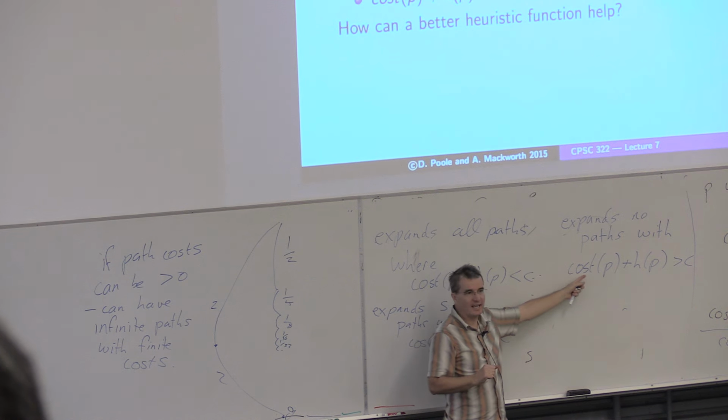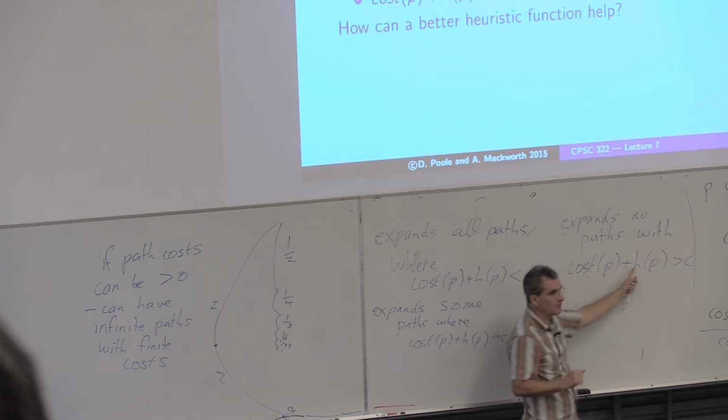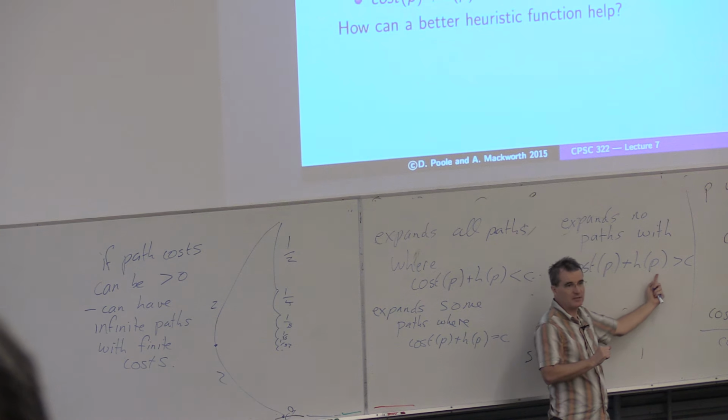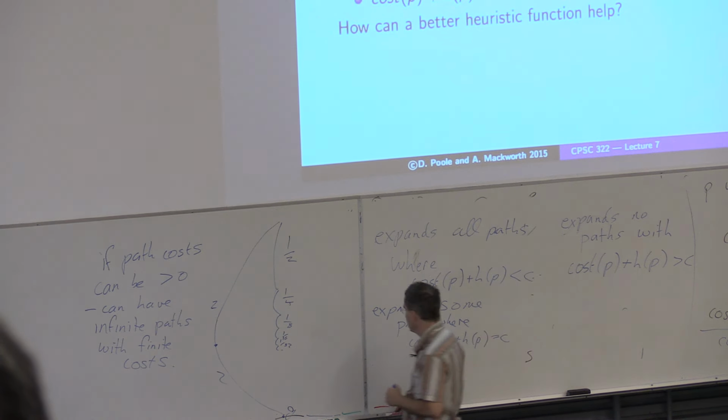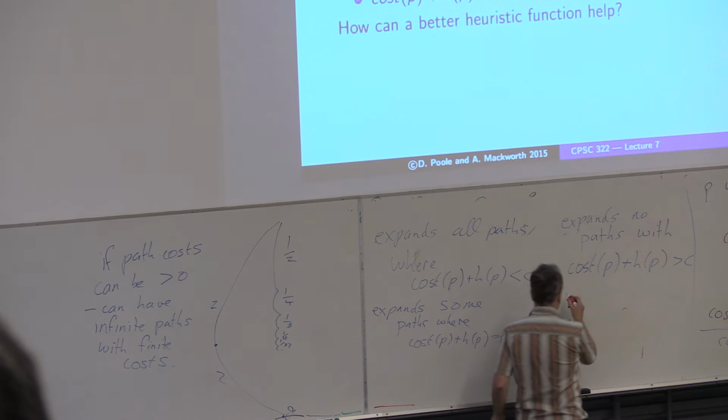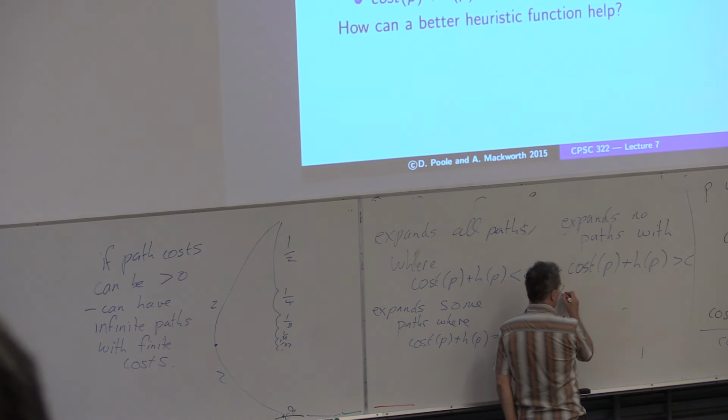A better heuristic function is a bigger heuristic function, so a better heuristic function is larger.